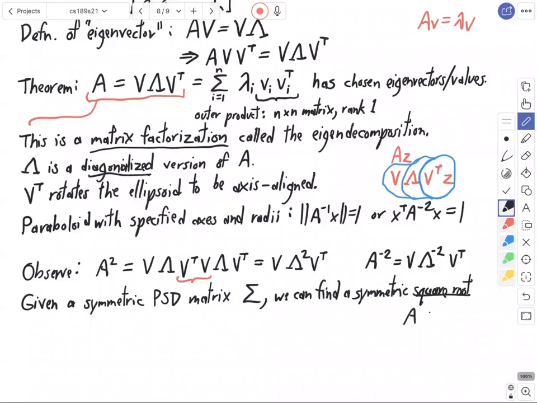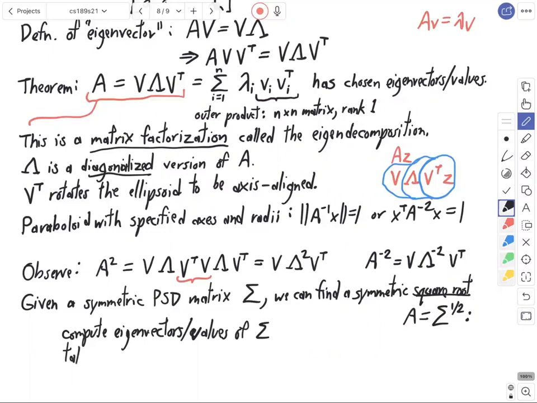And that square root, written sigma to the 1/2, is found in the following way. First, you compute the eigendecomposition, so we get the eigenvectors and eigenvalues of sigma.